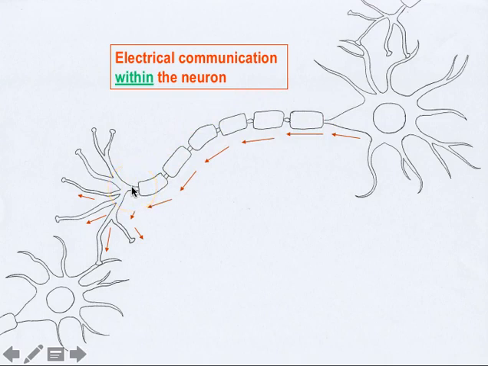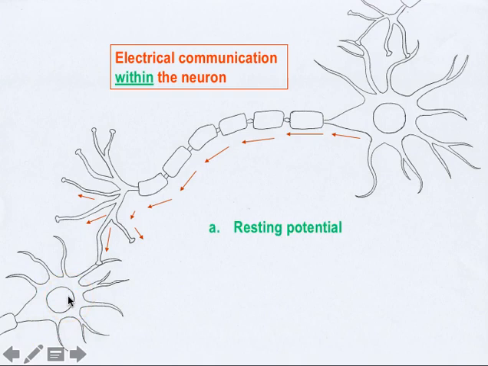Communication is extremely rapid, a fraction of a second. The electrical impulse will divide up to go towards each of these terminal buttons. It won't diminish in strength as it does that. When it gets to the synapse, it will start sending its message and telling this neuron what to do. And it will be one of many neurons telling that neuron what to do.